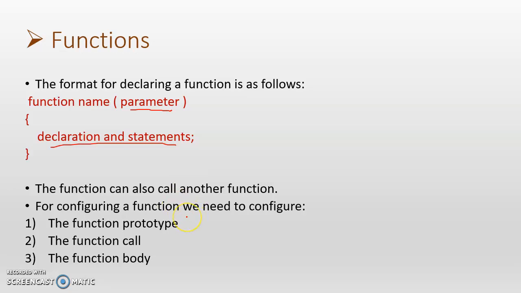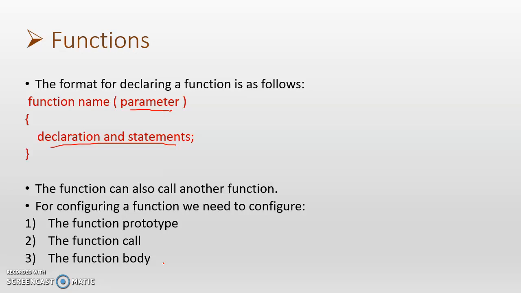For configuring a function, we need to configure the function prototype, function call, and the function body. The function prototype is nothing but a list of functions along with their format. It provides the name of the function and the variables needed in the function, so we have to define that in the function prototype.